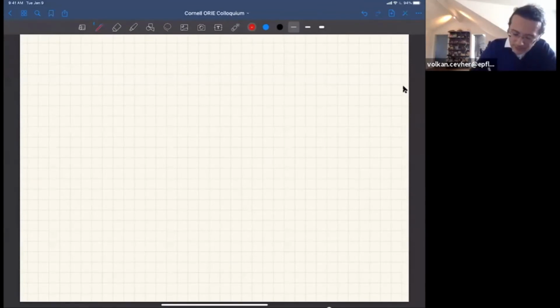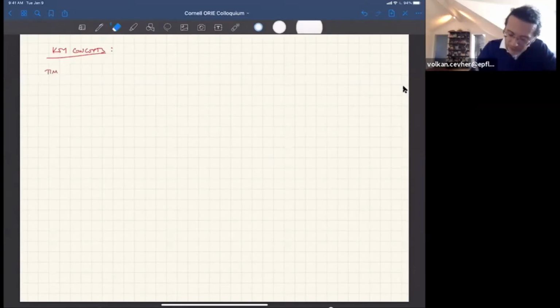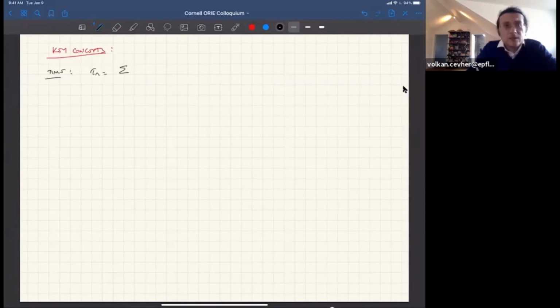So some key concepts. I'm going to define time, even though my time is incorrect. We're going to have tau n, which is the summation of i to n of gamma i. We're going to have a trajectory.